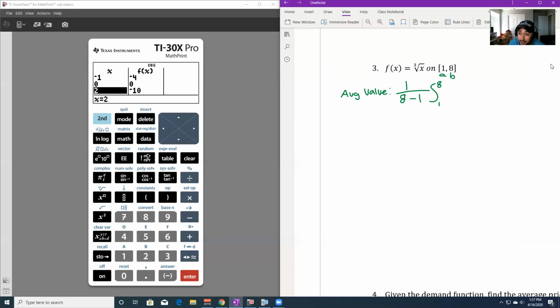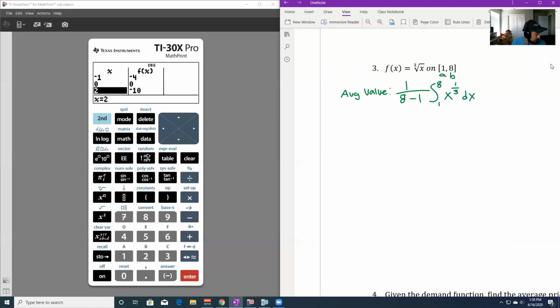And now the cube root of x is going to have to be rewritten as x to the 1/3 dx.